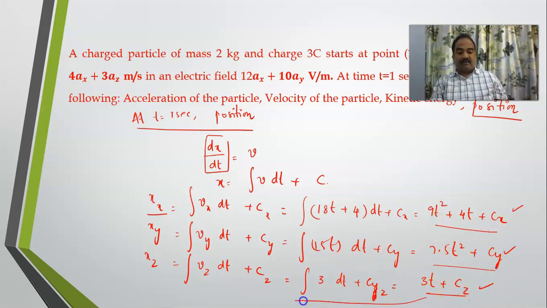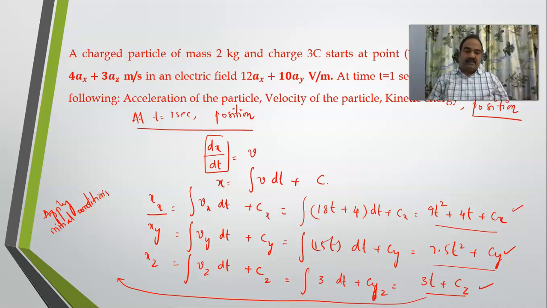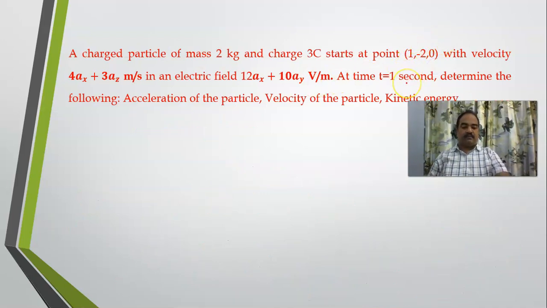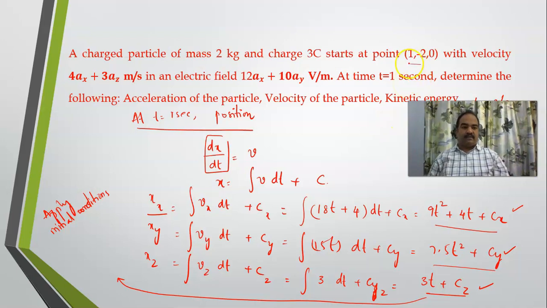Now again, what I will do, I will apply initial conditions to determine these constants. For displacement, what was the initial condition? Initial condition was 1 comma minus 2 comma 0, right? So if I substitute it here, what I'll get? See here.